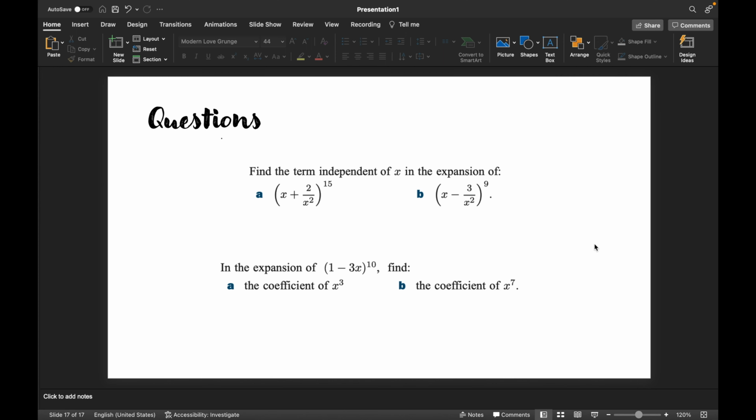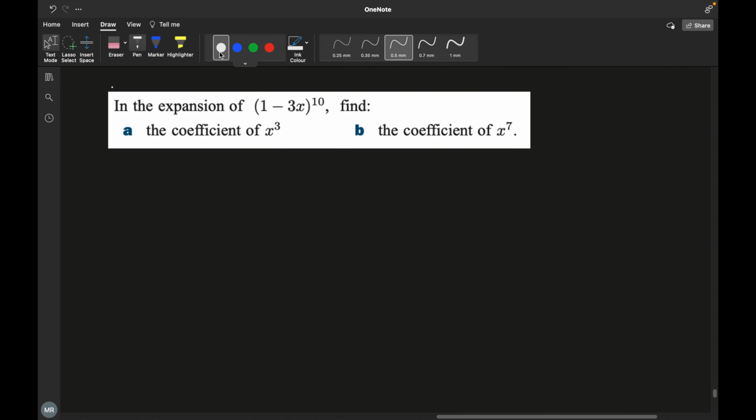Time to solve some questions. We have to find the coefficient of x cubed in this expansion.